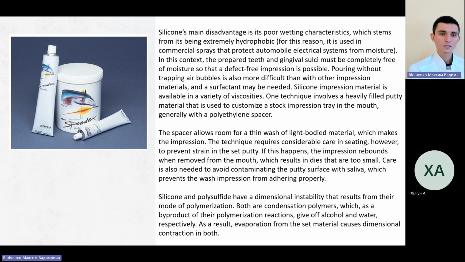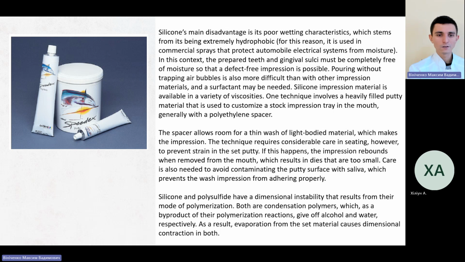In this context, the prepared teeth and gingival sulcus must be completely free of moisture so that a defect-free impression is possible. Pouring without trapping air bubbles is also more difficult than with other impression materials, and a surfactant may be needed. Silicone impression material is available in a variety of viscosities.